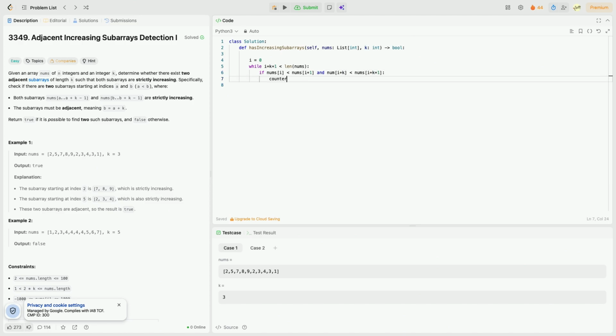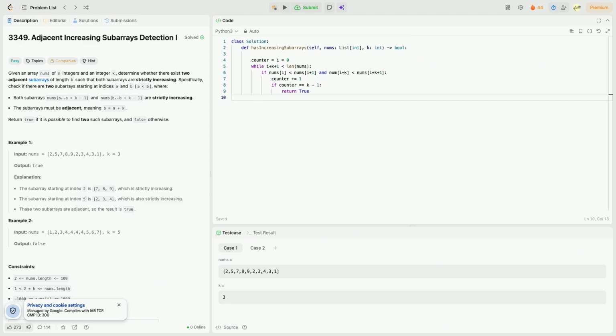So we increase our counter by 1. And if we've reached the maximum, which is counter equals k minus 1, that basically means we found k numbers in increasing order in both of the subarrays. In this case we can just return true. It's k minus 1 because we are comparing two numbers, so we only need k minus 1 comparisons for this to succeed, not actually k consecutive comparisons.